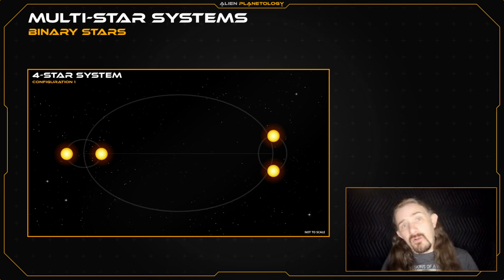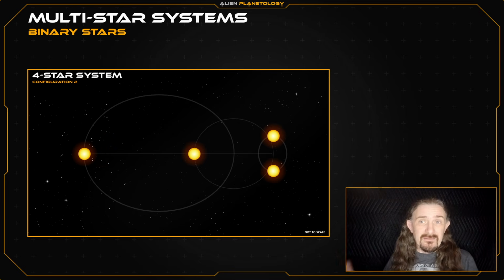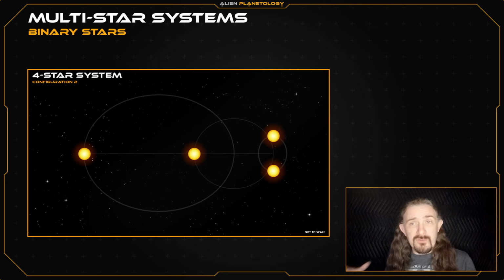With 4 stars, there are 2 possible configurations. The most common is to have 2 pairs of tight or mid-distance binaries in a wide binary pairing with one another. But you can also find a single star, particularly if it's very massive, in a wide binary pairing with a compact trinary grouping like the one we just discussed.